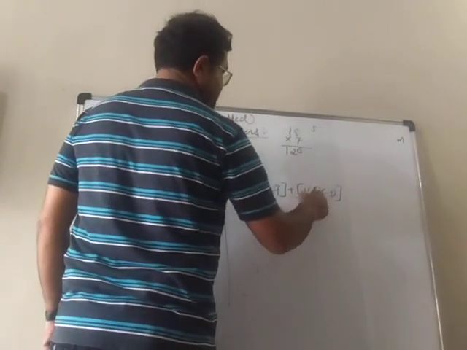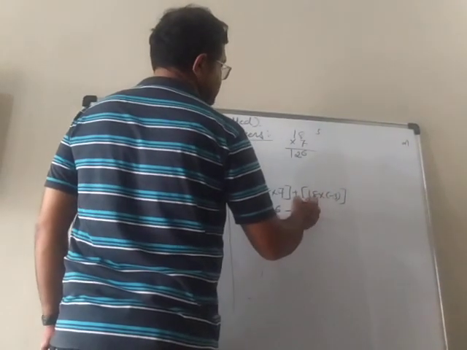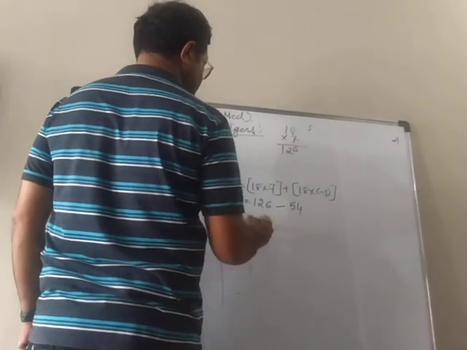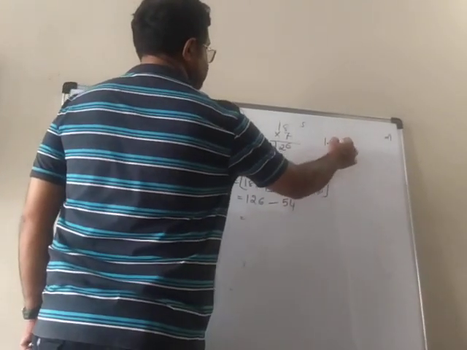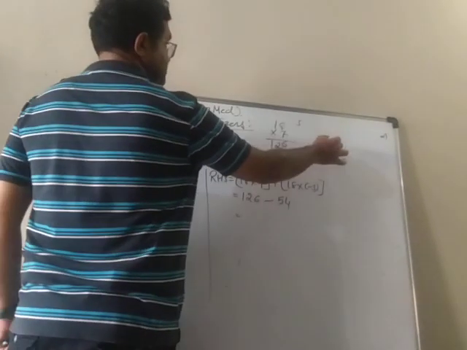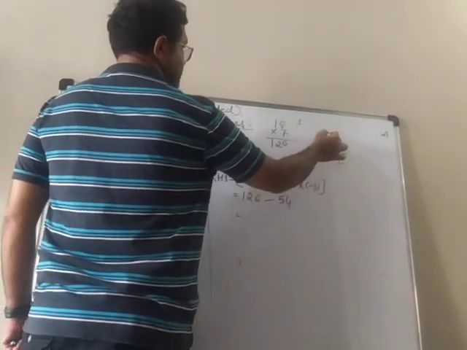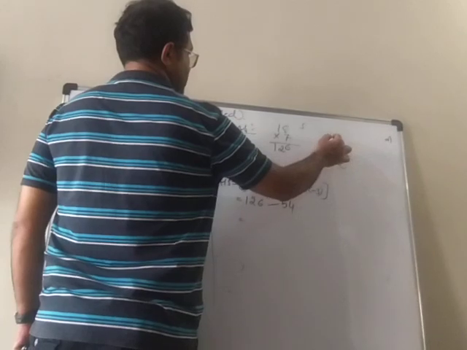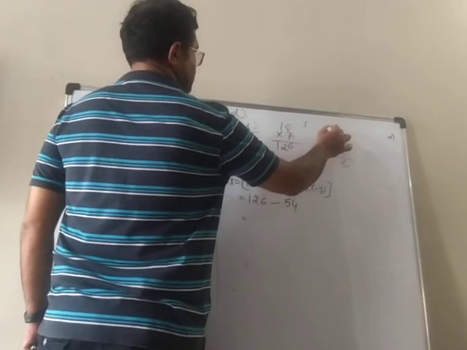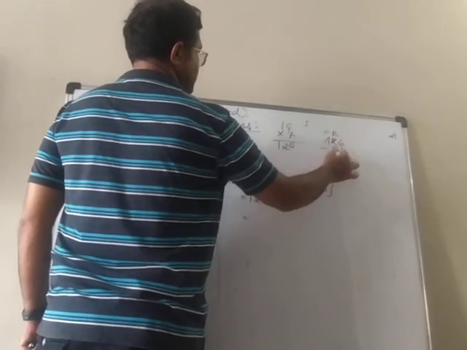Here it will be minus 18 3s are 54. So now 126 minus 54. 6 minus 4 is 2. Here 12, if you take 10, then it's 12 and 0. 12 minus 5 is 7.